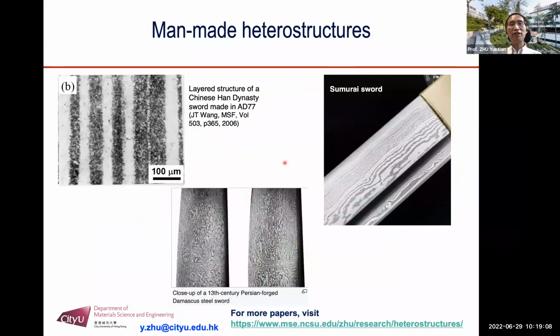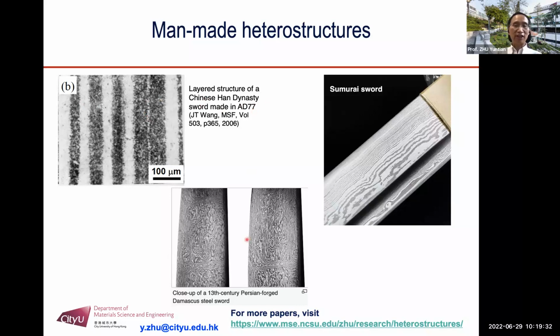Another type of man-made heterostructure is the swords and the weapons. This is a micrograph with a layered structure of a Chinese Han Dynasty sword made in AD 77.